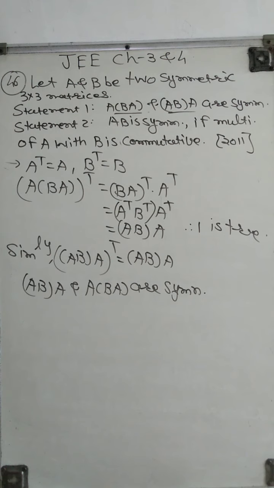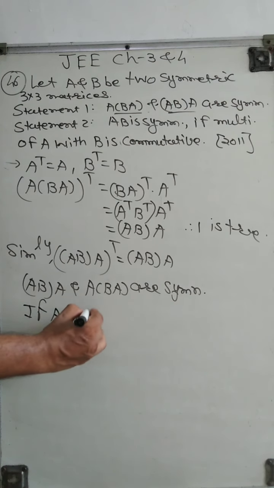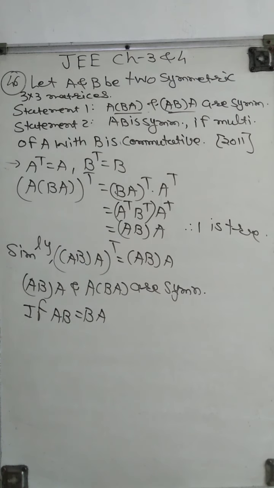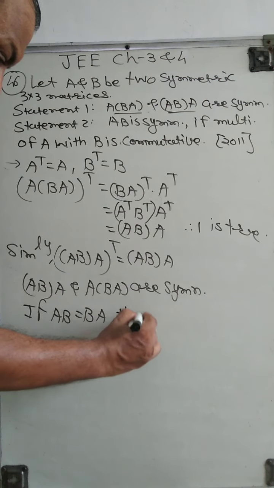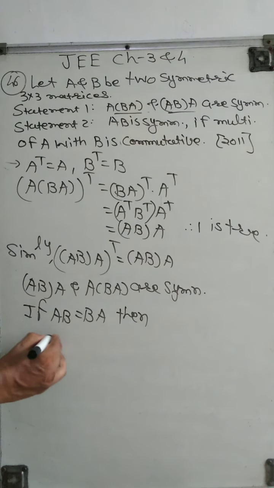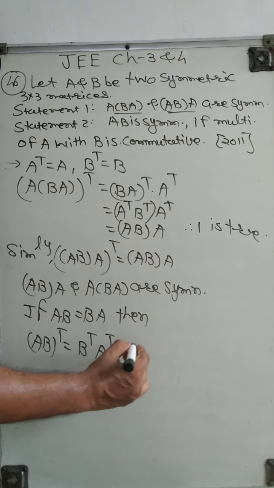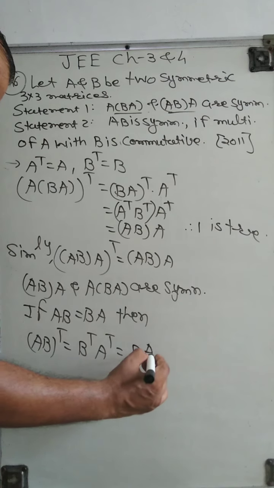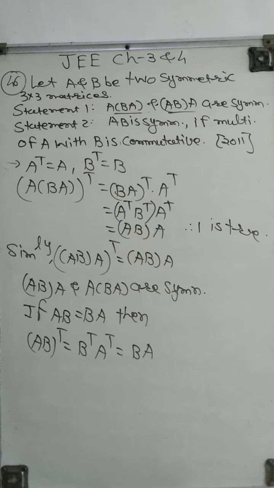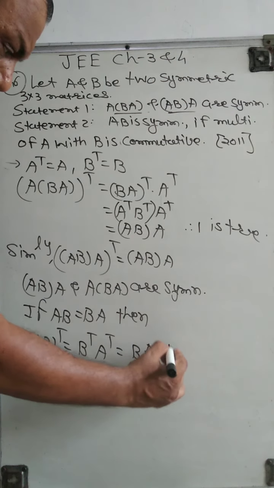Second thing is, if AB equal to BA, then (AB) transpose is equal to B transpose A transpose, which is BA, and BA is equal to AB.